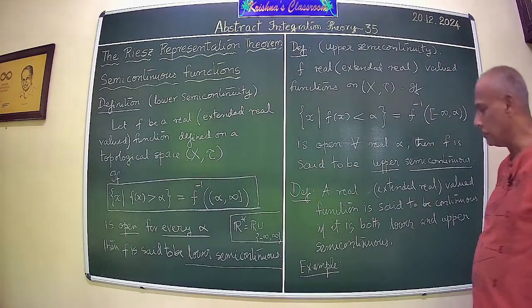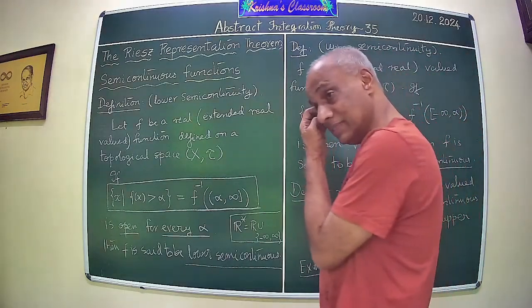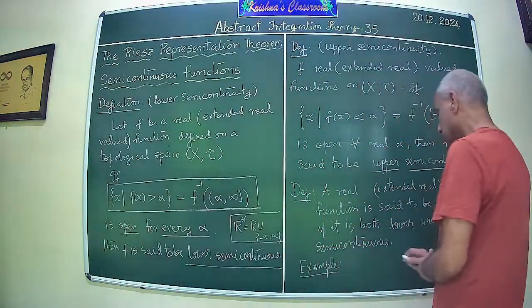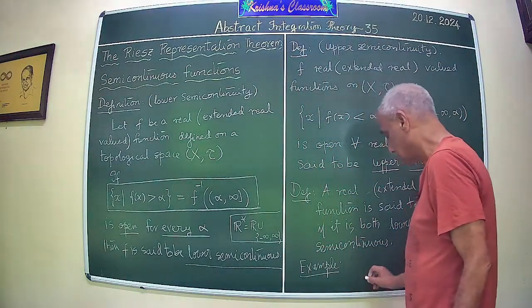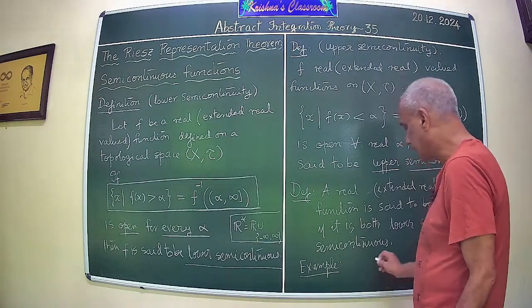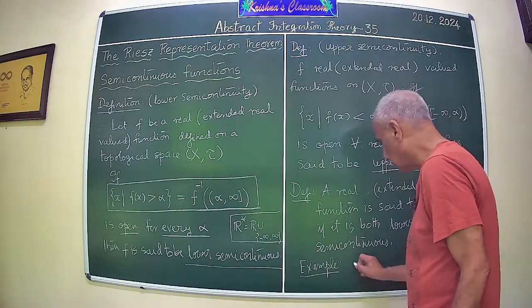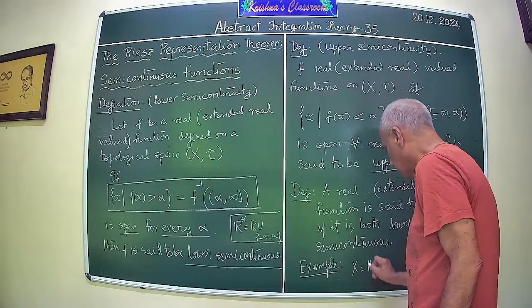A very simple example where you can visualize what is going on easily is this. Take x to be equal to R.